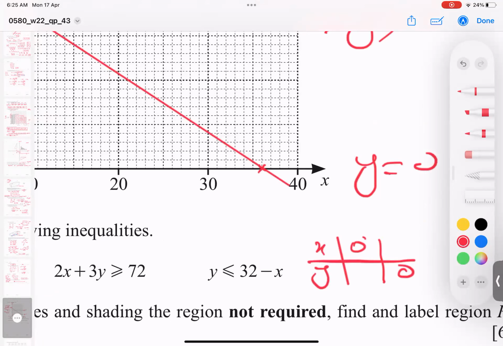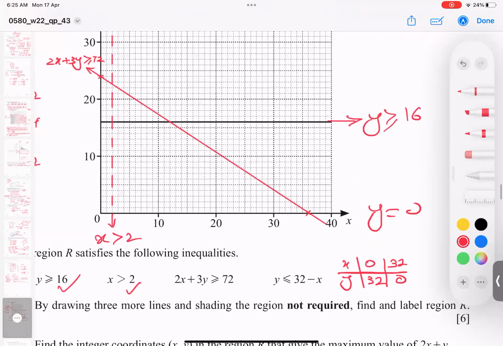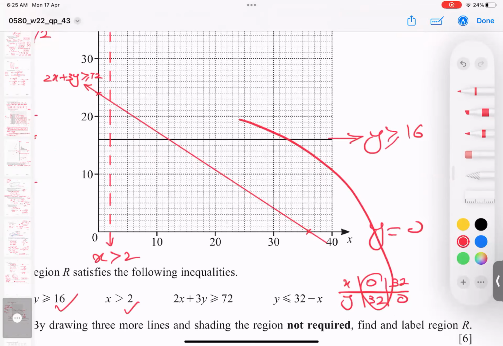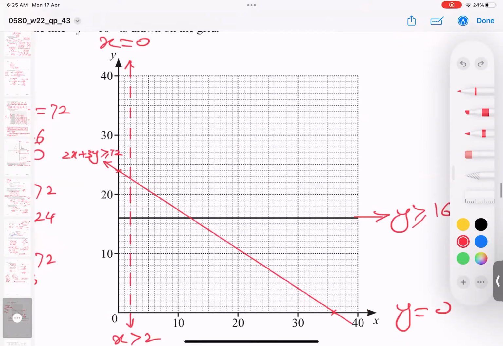x 0, y 0. When I plug in x 0 here, x is gone, y becomes 32. And when I plug in y 0, y is gone, so x comes out, so x equal to 32. So let's start. x 0, y 32. Wait a minute. It means 32 is here.